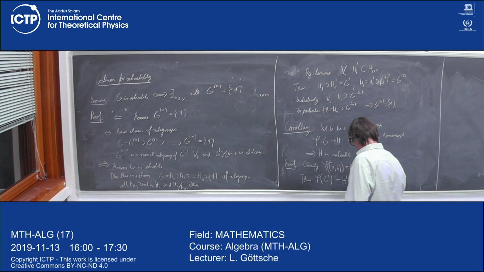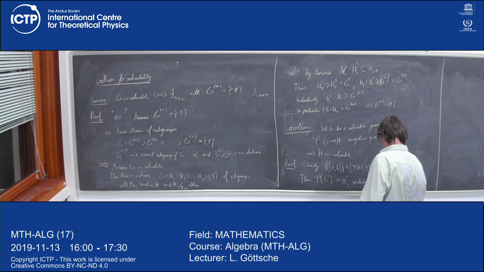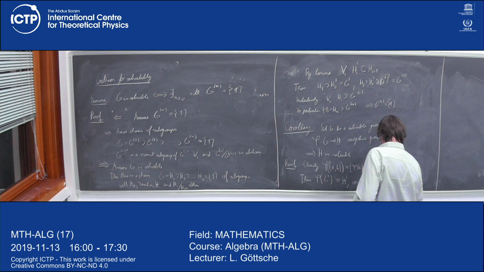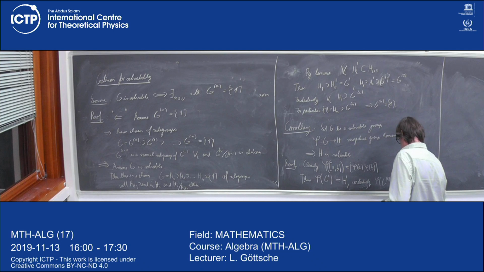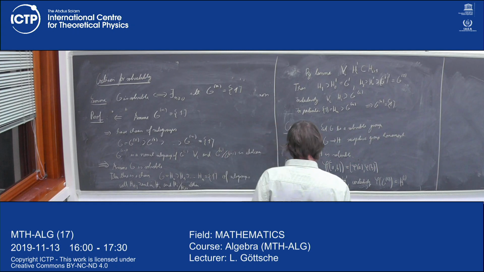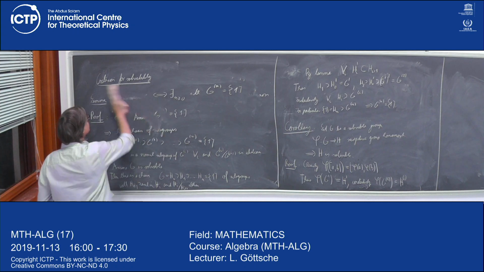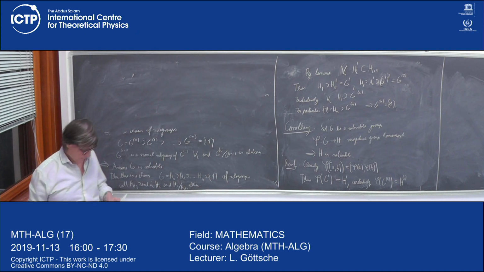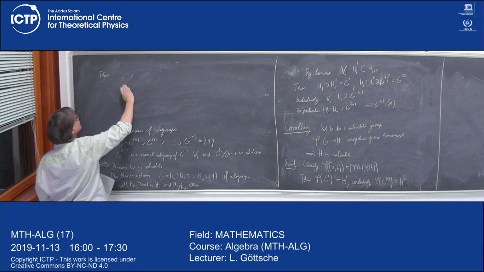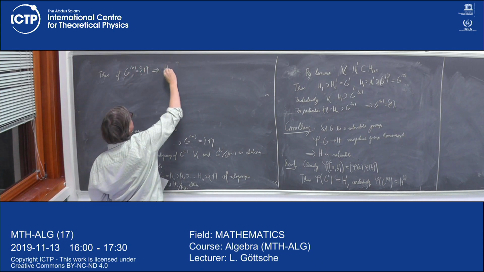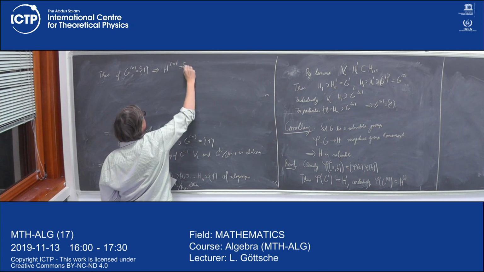So inductively, we have that if I apply phi to the ith commutator subgroup of G, for any i, this is equal to the ith commutator subgroup of H. And so in particular, if the nth commutator group of G is 1, then it follows that the nth commutator of H is also 1.